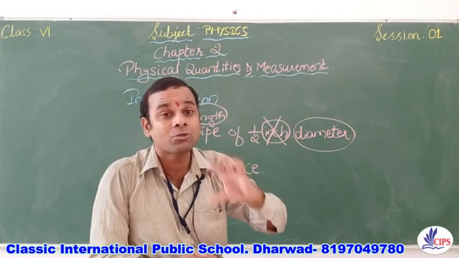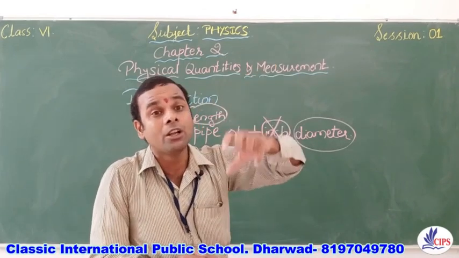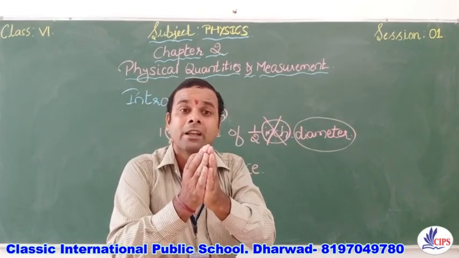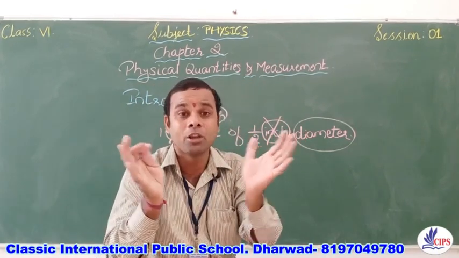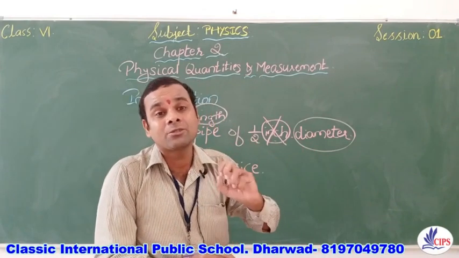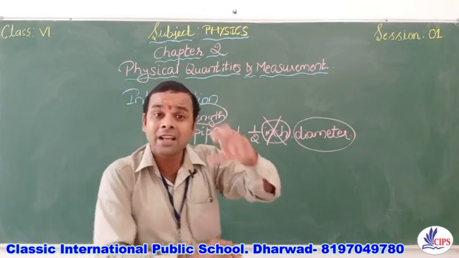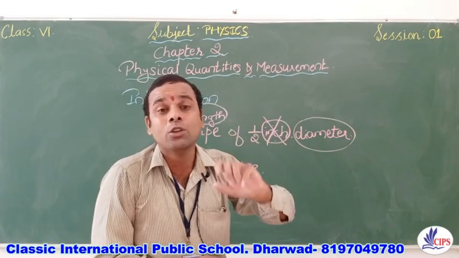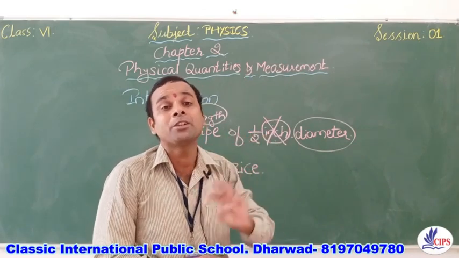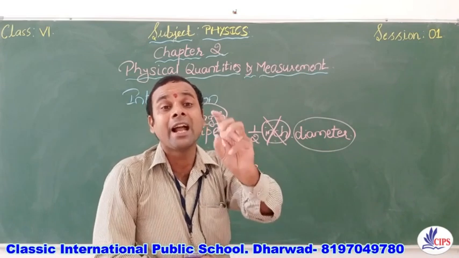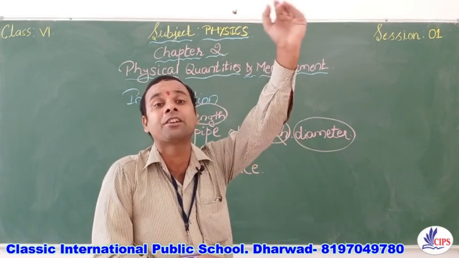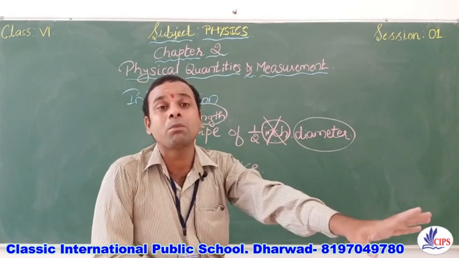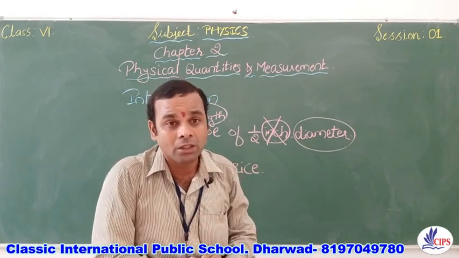Mass: when we travel, due to the friction, the body releases some of its parts. So the actual mass which has to travel is also calculated. So with the proper measurement of mass, length and time, people are traveling to the moon. Without the measurement, it is not possible to travel to the moon, right?